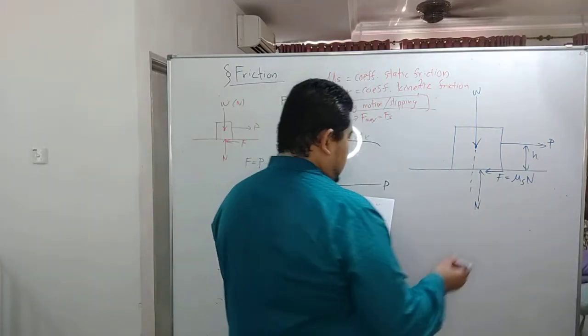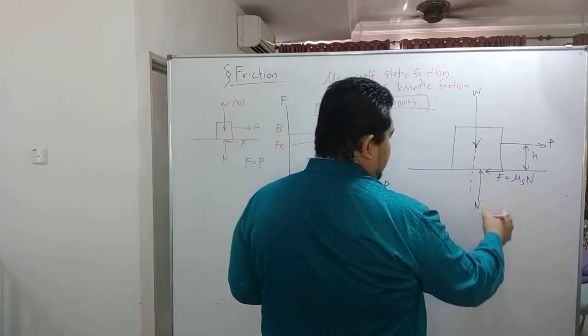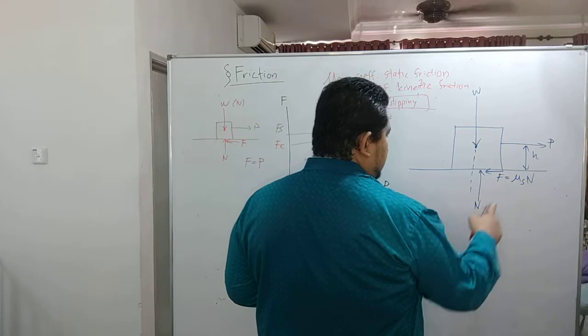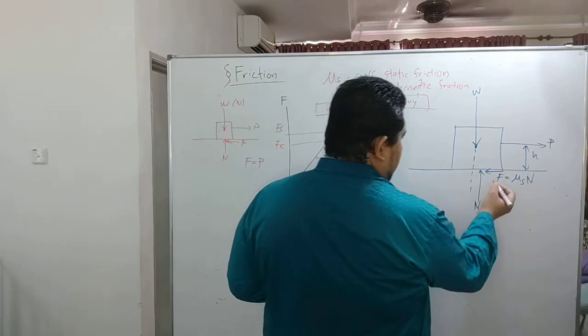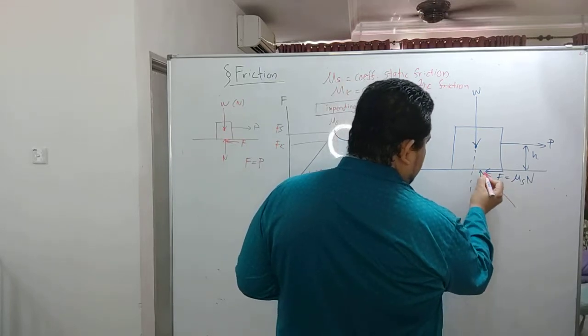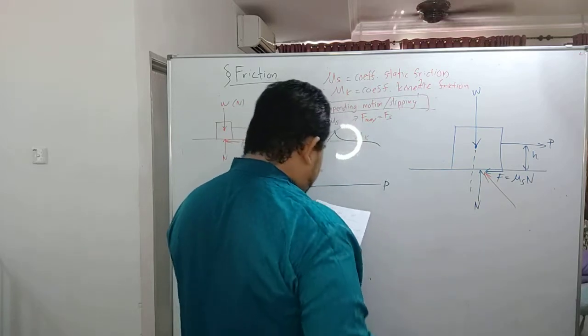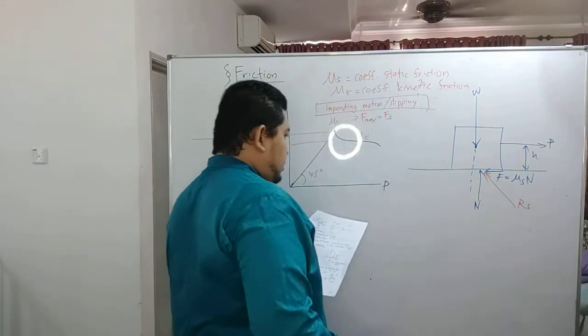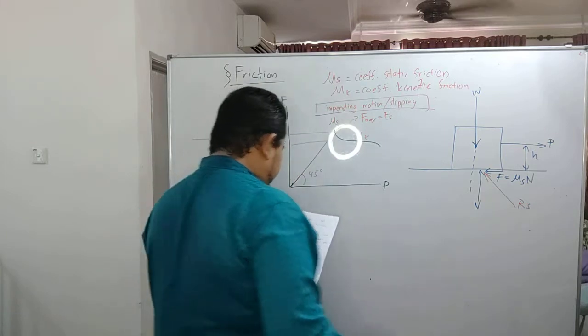When you have these two forces, the friction force and the normal force, you can have a resultant force over here. This resultant force is Rs.